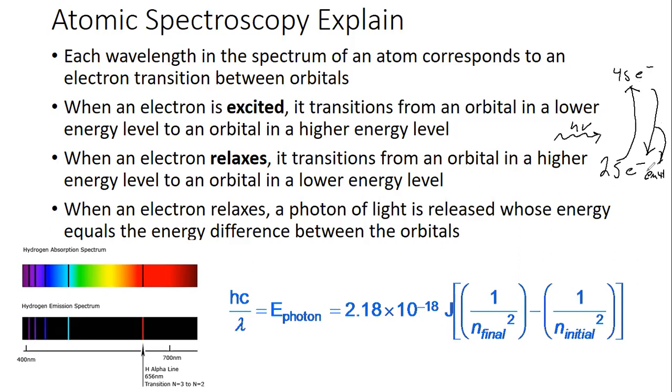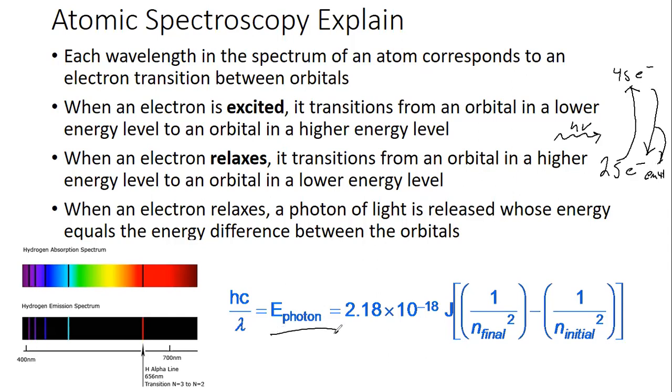Basically, if you want to go to a higher energy level, you need to absorb light. If you want to go down to a lower energy level, you emit that same light. That's why neon, when we hit it with electricity, will relax and let off the light that we see in neon lamps. And of course, we have an equation for this.